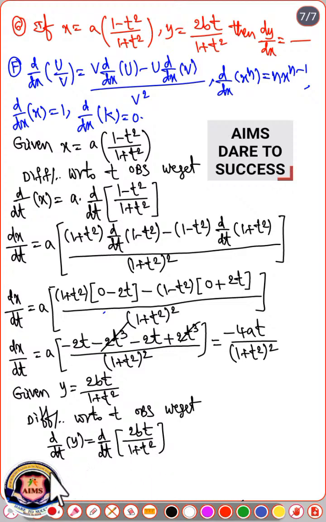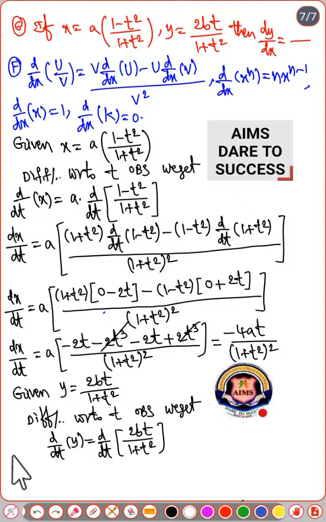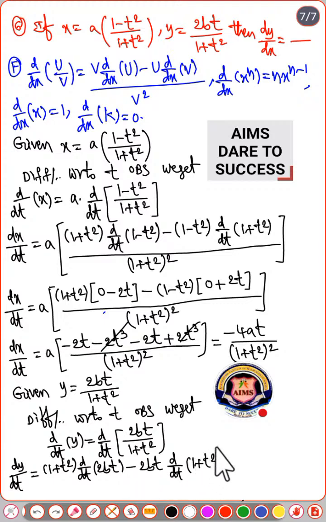U by v formula here, so this can be written as dy by dt is equal to, first write denominator 1 plus t square into d by dt of numerator 2bt, later keep minus, now you can write numerator 2bt into d by dt of 1 plus t square, whole divided by denominator whole square.